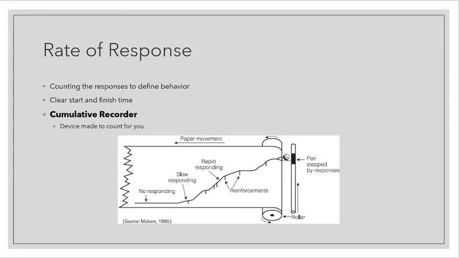So say during class time, you could count how many times your instructor, say me, says a certain word. And you can just make a nice little tick mark every time your professor says the word. And your clear start and finish time would be the start of class to the end of class. Very simple. That's your rate of response.